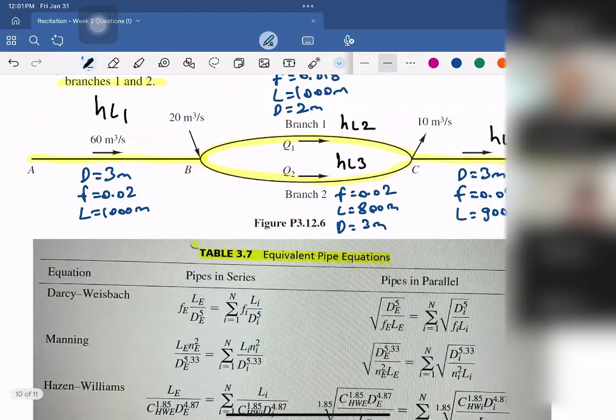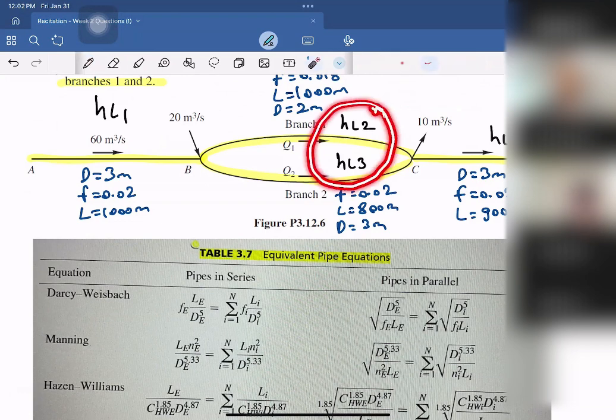So here's my question. Are these the same or not? This head loss at branch 1 and 2. Who can tell this? Or let me know what you think.